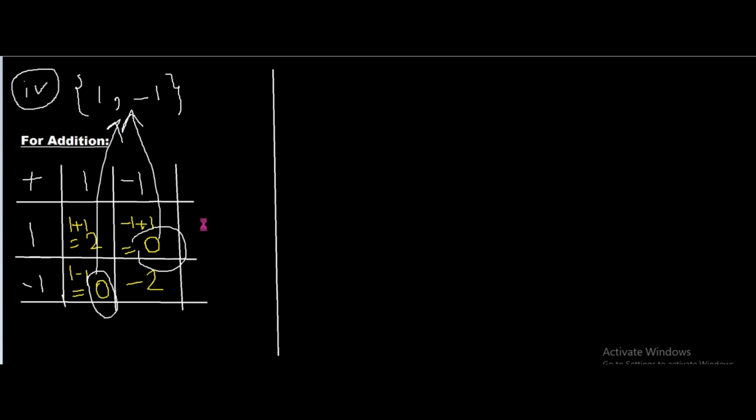Anyhow, due to these results, the given set is not obeying the closure property of addition. You may write any one of these or you may write all of these, but it is better that you write all of these. First entry: 2 does not belong to the given set.